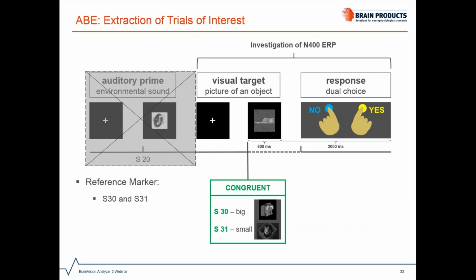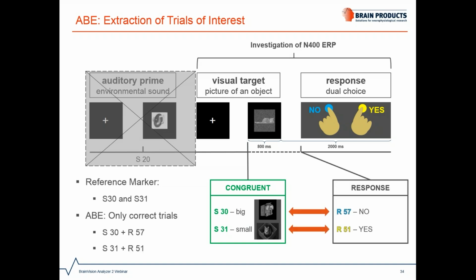So we need the big and the small ones. We want to keep the segments as they are for the sub-selection in the second segmentation. Therefore, we should not change anything about the reference marker, and also we should not change the length of the segments. So also in the second node, we would again select S30 and S31 as reference markers.